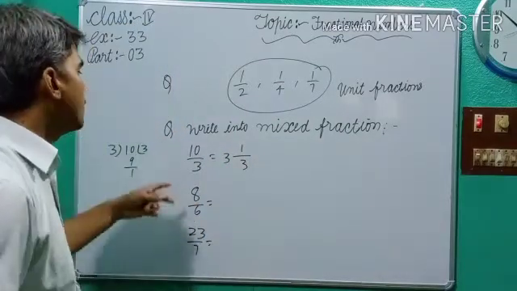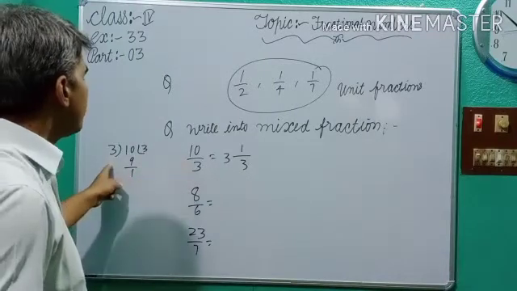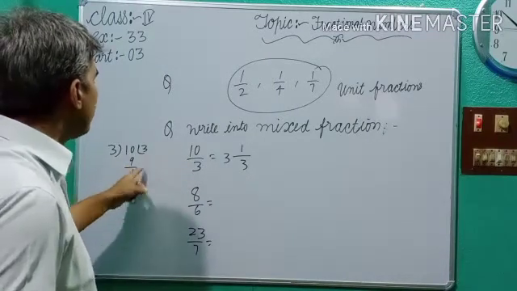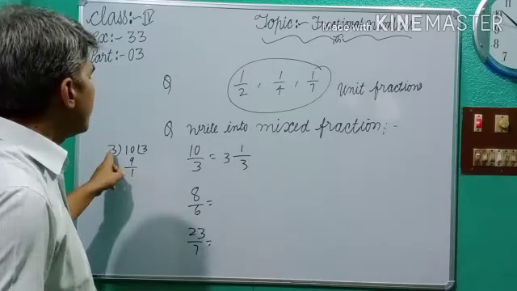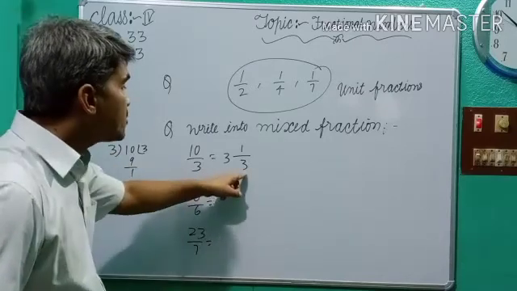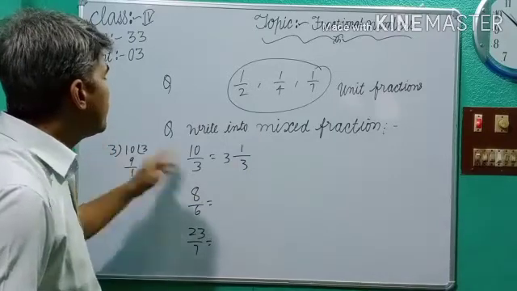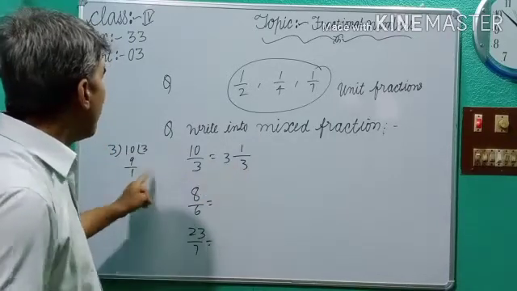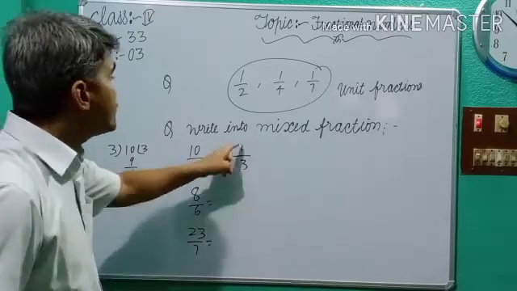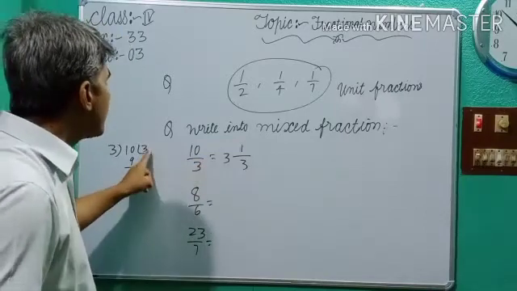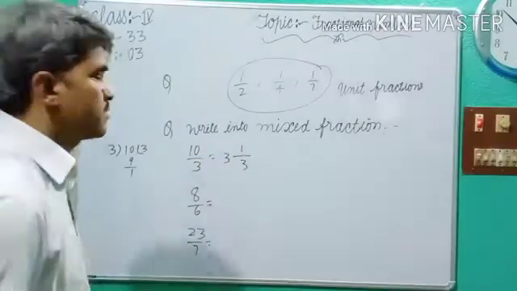Now again, students, divide. 3 threes are 9, remainder 1. 3 is the denominator, which is the divisor, the remainder is the numerator, and the quotient is the integral part.